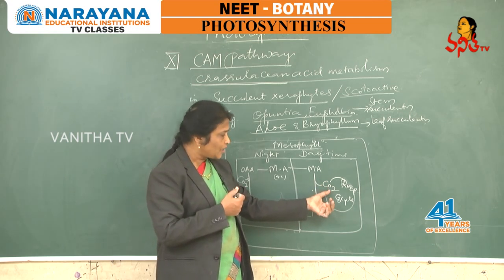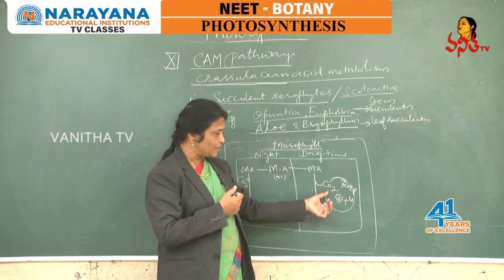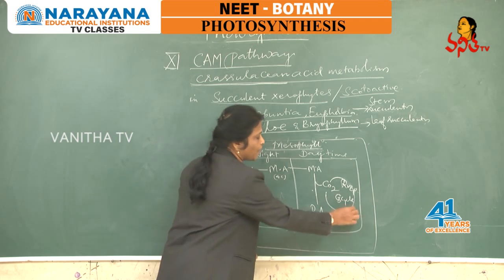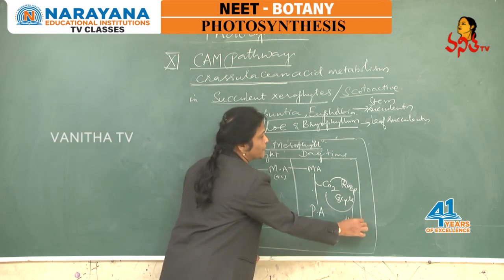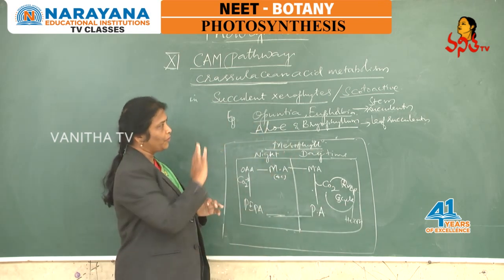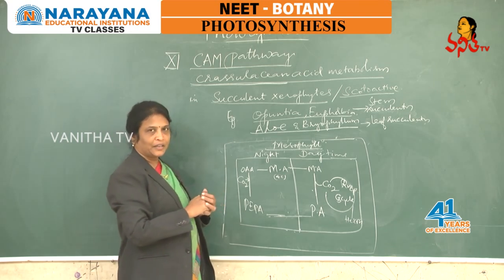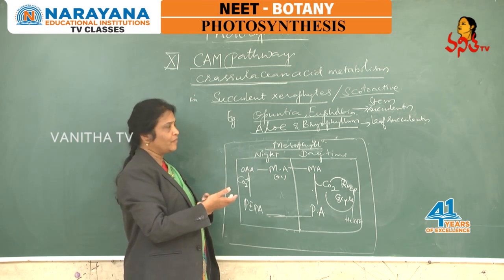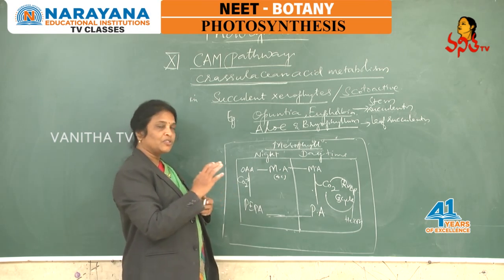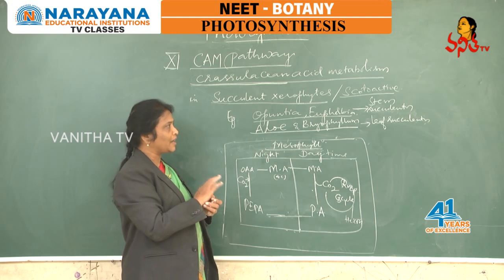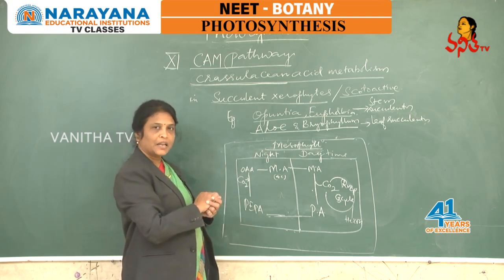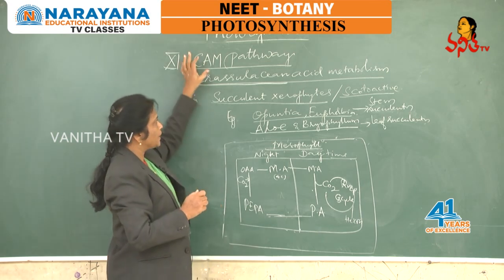So, now that released carbon dioxide in the mesophyll cells undergoes Calvin cycle reactions and is involved in the synthesis of hexoses. Okay. And in order to follow that scotoactive nature of stomata, they adapted ecologically with scotoactive stomata, and to support that scotoactive stomatal activity, they developed this biochemical pathway as a better adaptation, and that is the CAM pathway.